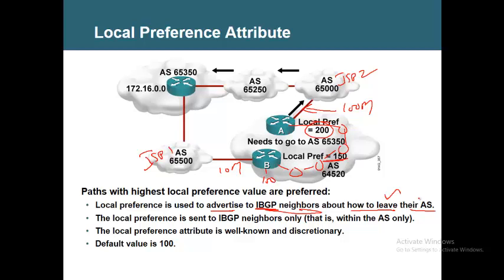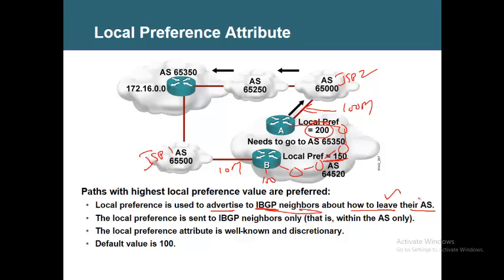The reason why it is not picking B is that local preference comes before AS path. If it focused on AS path first, then it would have taken B because it is fewer hops. But in the sequence, when it checks the attributes to decide the exit, local preference comes before the AS path attribute.